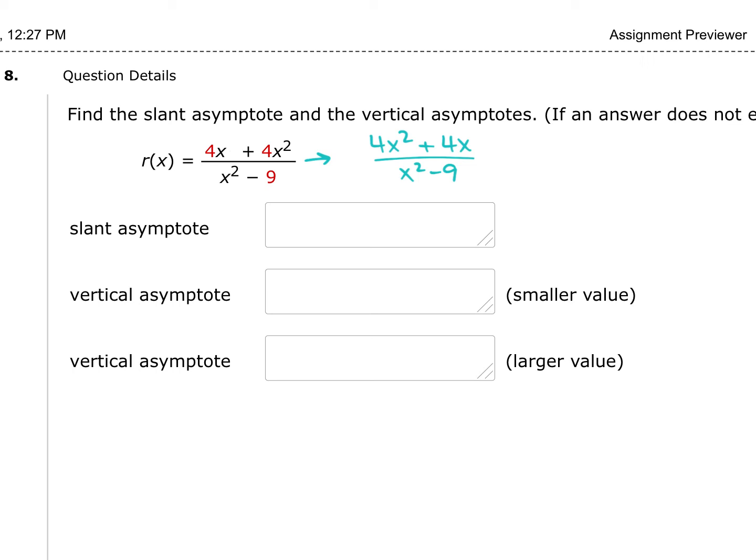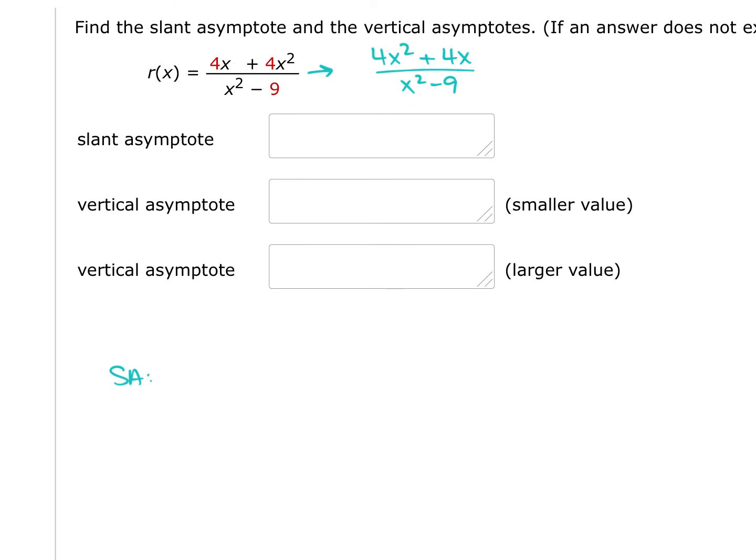When I find my slant asymptote, I'm going to take that denominator, put it on the outside, plug in that 0x to make sure all of my so-called place values are represented. Same thing with that 4x squared plus 4x. I'm going to add a plus 0 to it to make sure all of my so-called place values are represented.